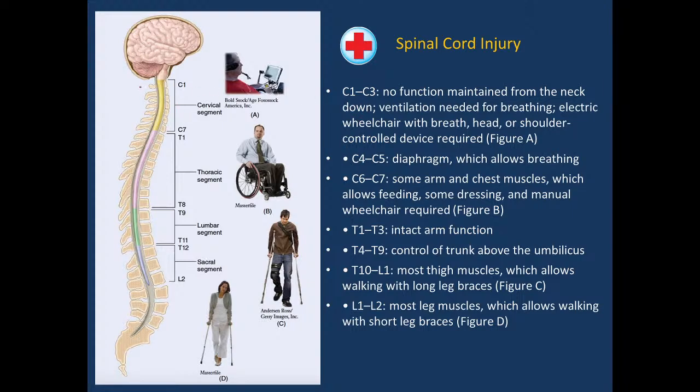If the level is here, from the first to third segments, there will be no function maintained from the neck down, and people need, here this is a picture, artificial ventilation to breathe, and they also need electric wheelchairs with a breath, head or shoulder controller device.